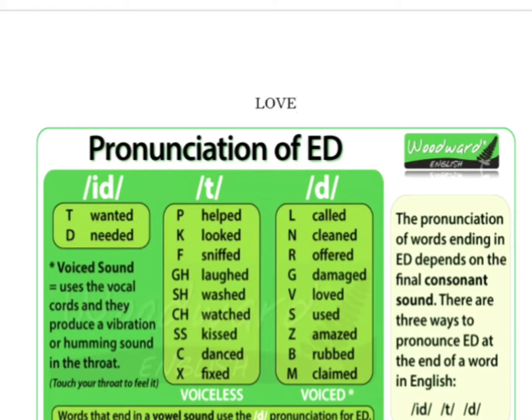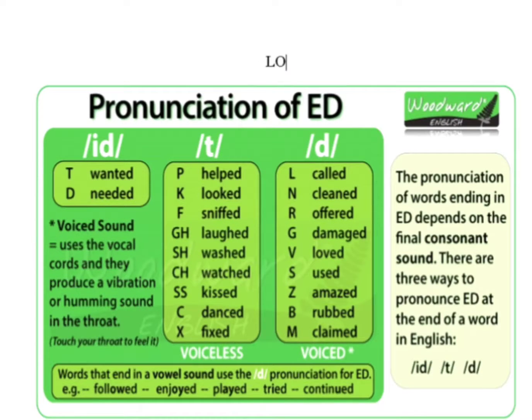In this case, we only have to add the D. We do not say love-ed, but we say loved. Like this. The ed sound sounds like a D. For example, I loved her when I was, let's say, younger. Okay?